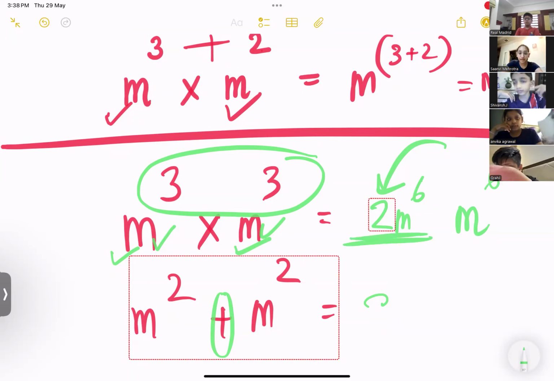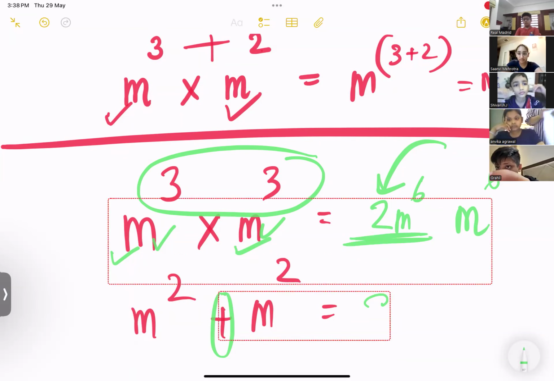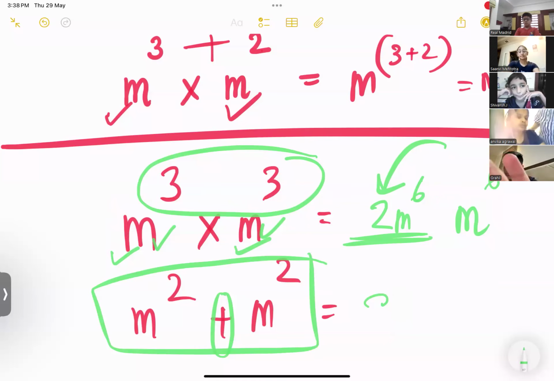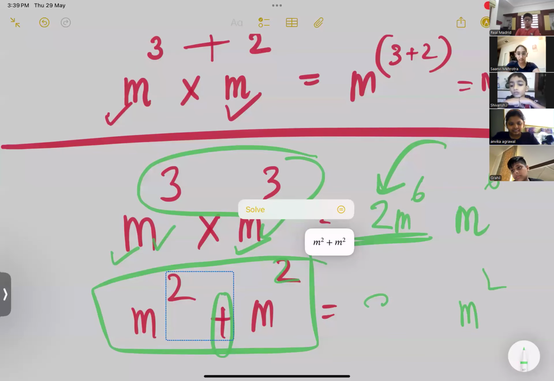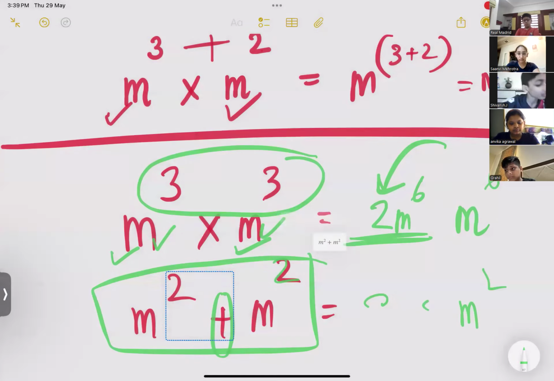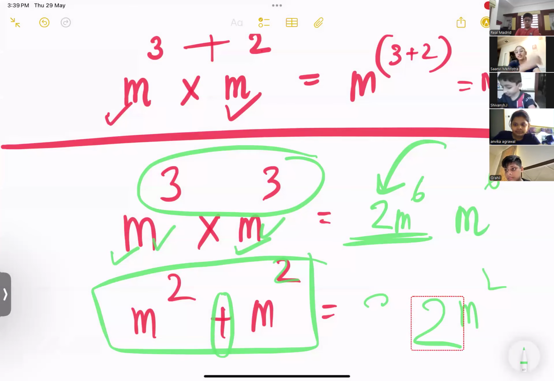He has added them and added the powers too, done both operations, which is wrong. Here, m square is common. Just imagine m square being one banana. How many bananas are there? 2. So I will write 2m square.